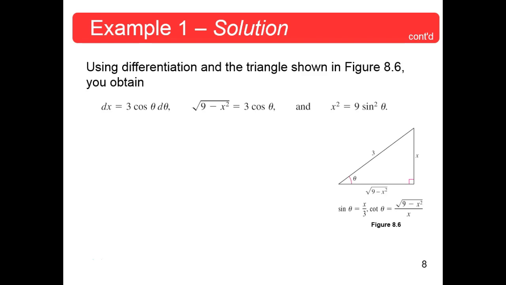Okay? Then the next thing we needed was what? I did the x squared. They went straight to the square root of 9 minus x squared is 3 cosine theta. Now, I don't look at that and say, oh yeah, that's true. But I do see if I put in x equal 3 sine theta, x squared is 9 sine squared theta.